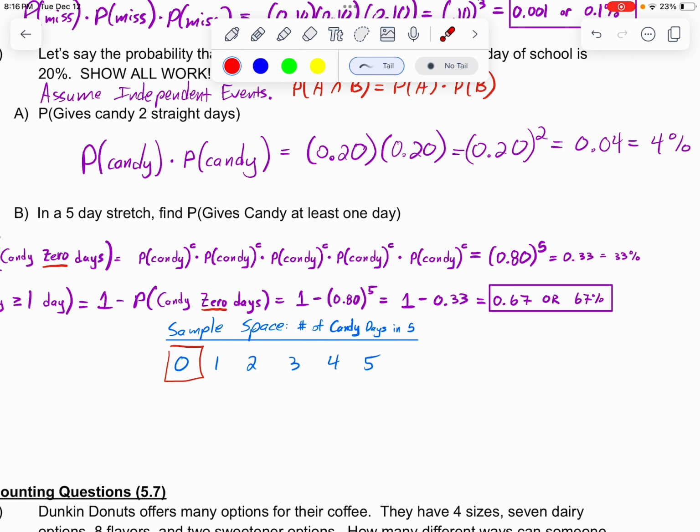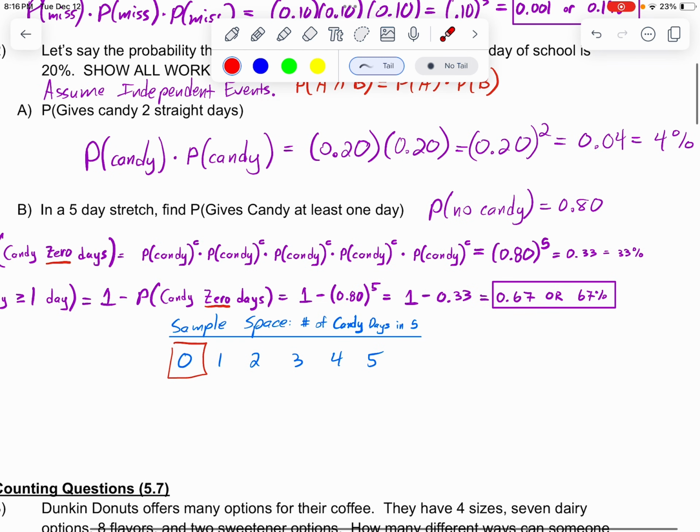And the probability of no candy is 80%. If I give candy out 20% of the time, then the complement of that is 80%. So 0.80 times 0.80 times 0.80, 5 times over, and it turns out to be 33%.